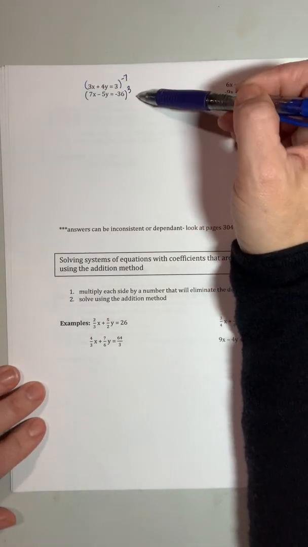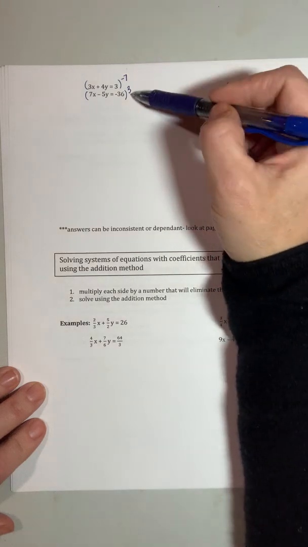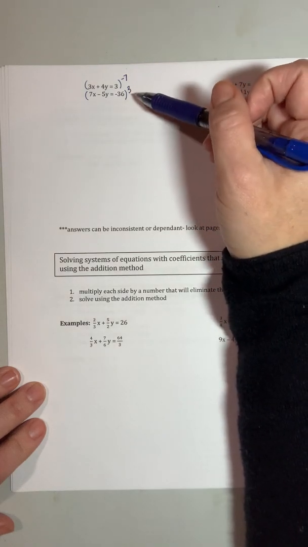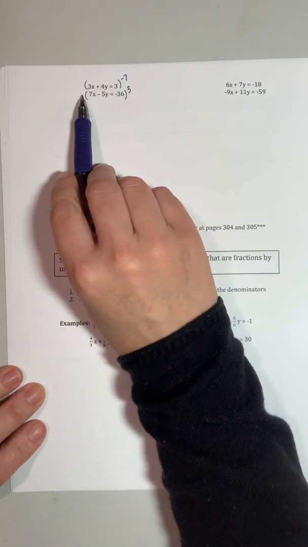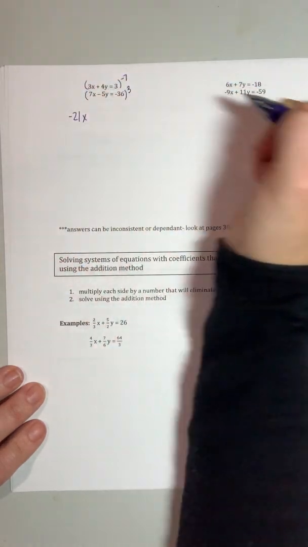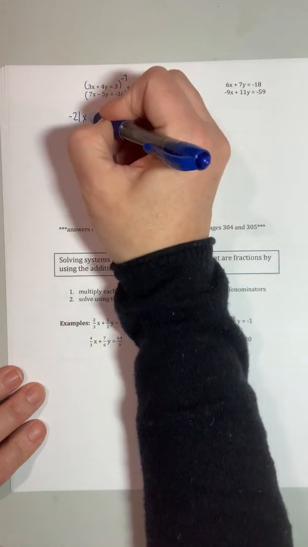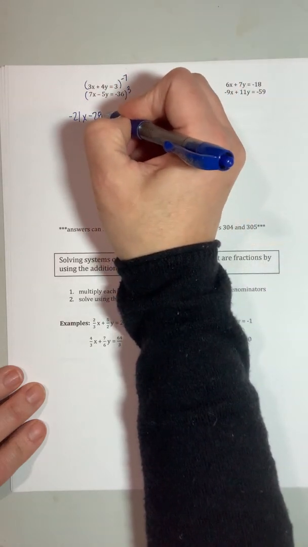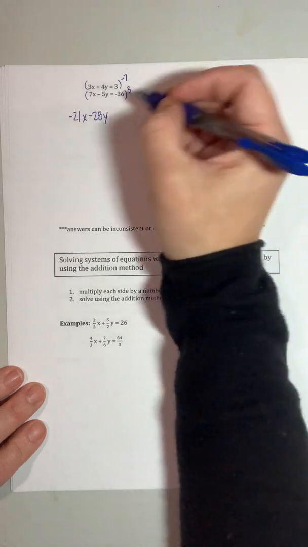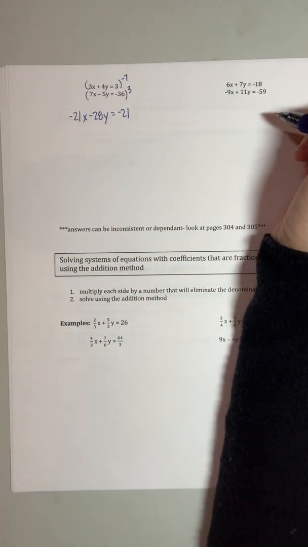So this is going to require us to multiply both equations by something new, or by a number, so we can end up with opposites. So 3x times negative 7 is negative 21x. 4 times negative 7 is negative 28y. And 3 times negative 7 is negative 21.